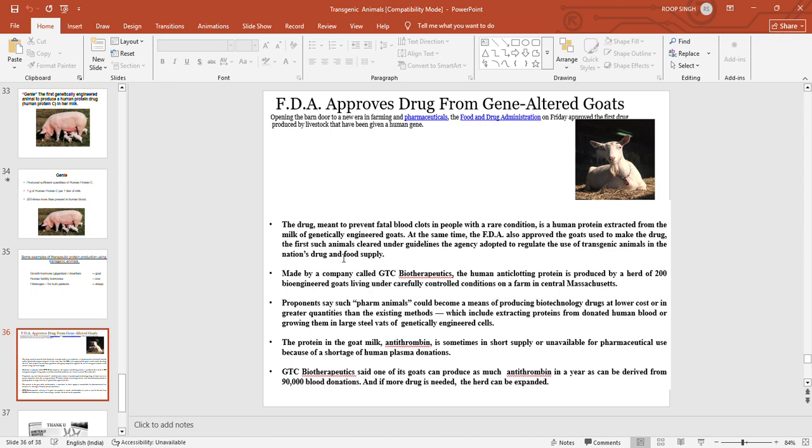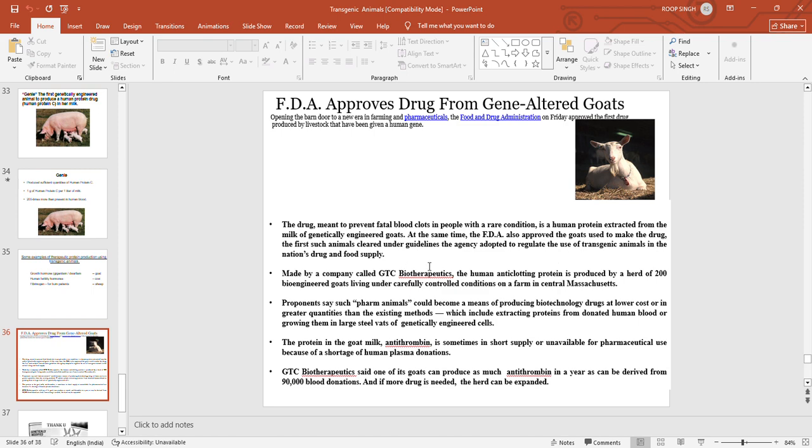The drug, meant to prevent fatal blood clots in people with a rare condition, is a human protein extracted from the milk of genetically engineered goats. At the same time, the FDA also approved the goat used to make the drug, the first such animal cleared under guidelines the agency adopted to regulate the use of transgenic animals in the nation's drugs and food supply.